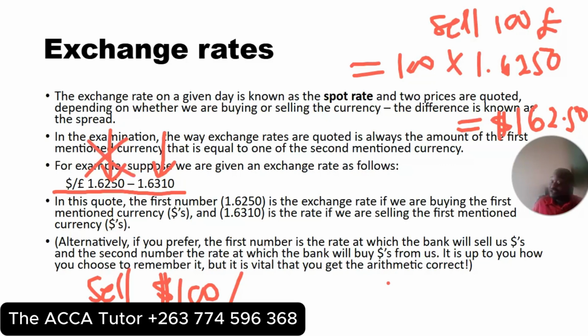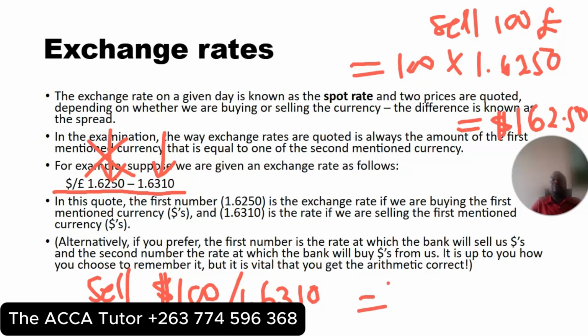Because if we use the lower rate when we divide, it means we are going to get more money. So to get very few pounds, we are going to use the higher rate.